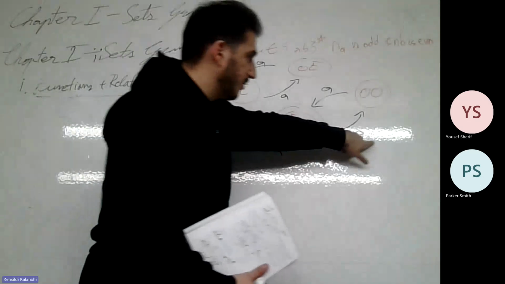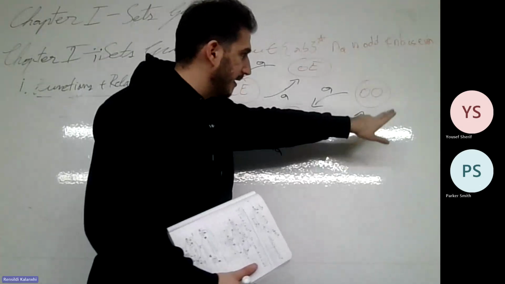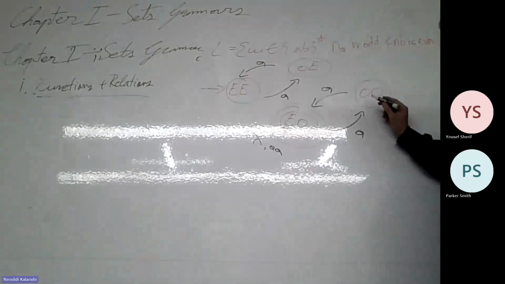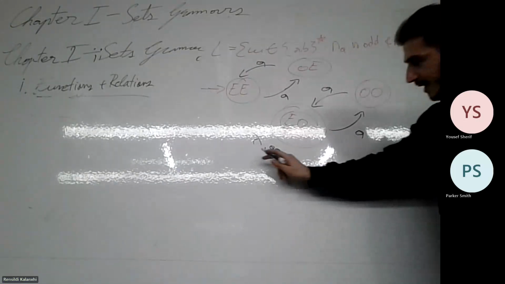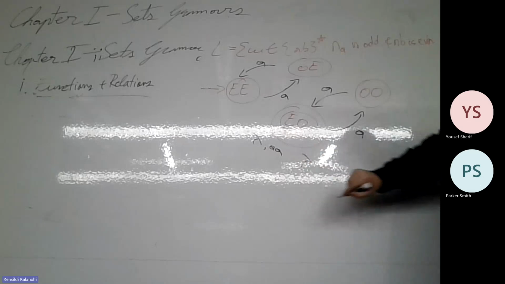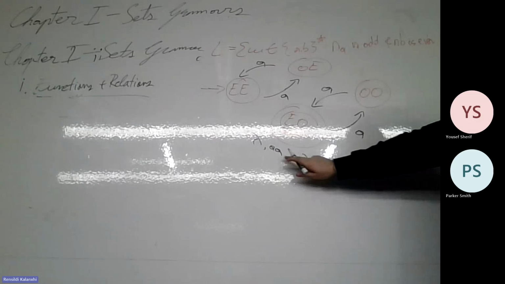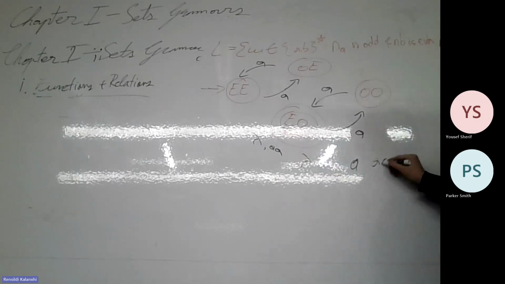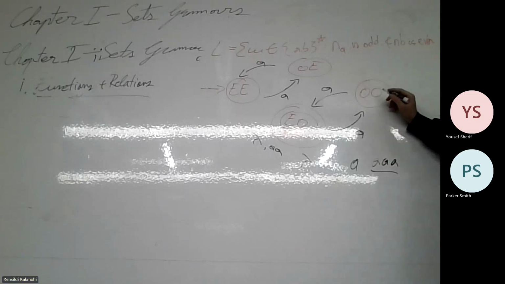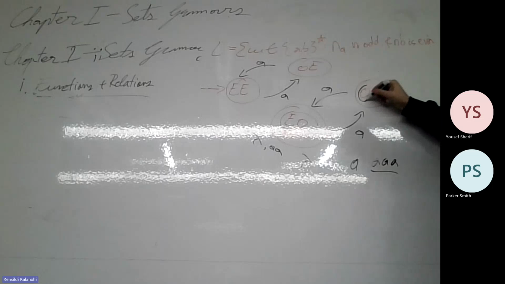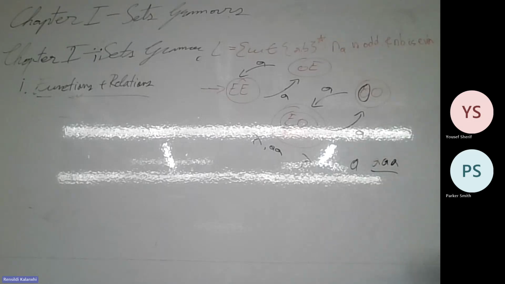So now, when we are sending another A to the next state, this will turn to O, because if we start with lambda here, we'll have one A. But if we start with two A's, we're going to have three A's. So these two possibilities, we're still going to end up with odd A's, right? So that's why we include this as odd. That's why we're sending A to this state.